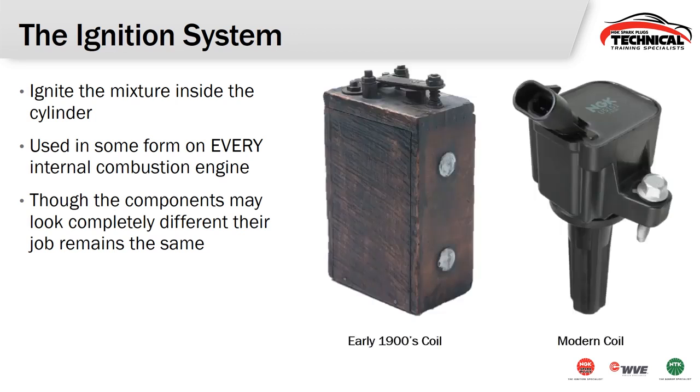Here you can see a little bit of history, with an early 1900s ignition coil compared to a modern coil that you would see on an engine coming off the line today. Very different look, very different packaging, but overall the two components function in the same manner. They both help to create the ignition event inside of our cylinder.